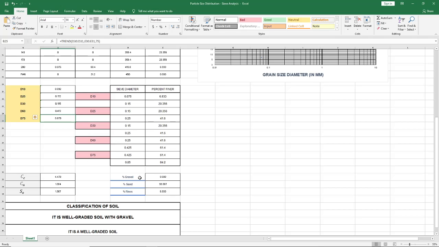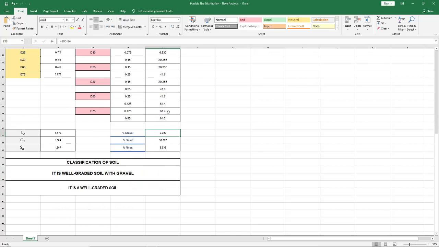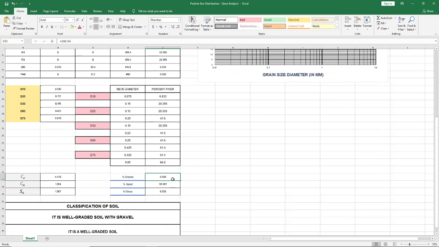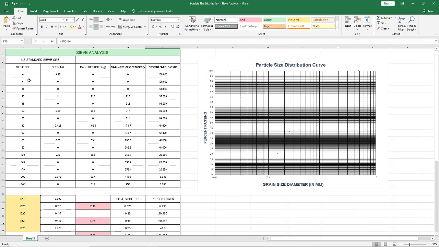But before that, we also need to determine the percent gravel, percent sand, and percent fines, because some problems do need to indicate the percent of each different gravel, sand, and fines. For gravel, we just need to subtract from 100% the percent finer at sieve number 4.